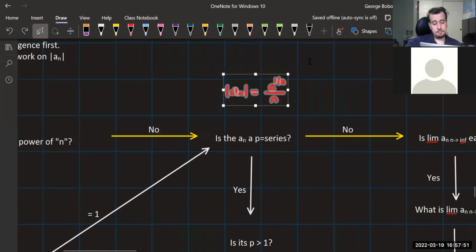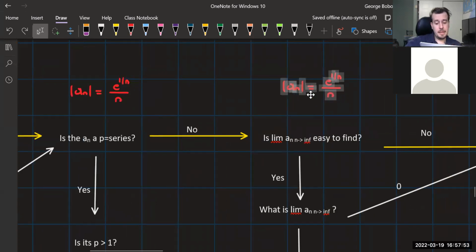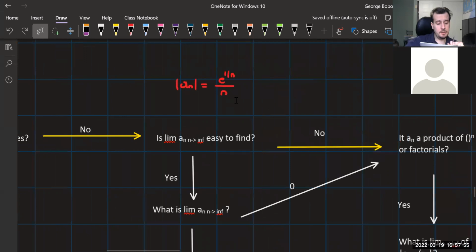Okay. Moving on. Can we easily find the limit of this with n going to infinity right now? We can try. Another way to write this would be 1 over n, and then again, let's think about it for a second.